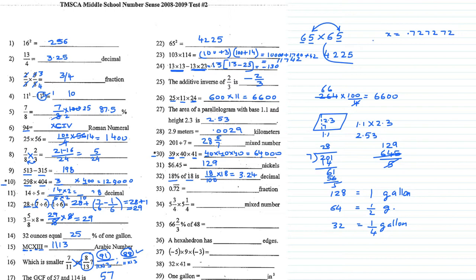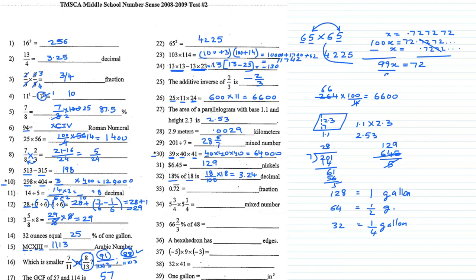If you multiply x by 100, you get 100x is equal to 72.7272, and so on. If we subtract x from this, 0.7272 dot dot dot, what we get on the left side is 99x, and on the right side the recurring portion cancels out, and what we get is 72.